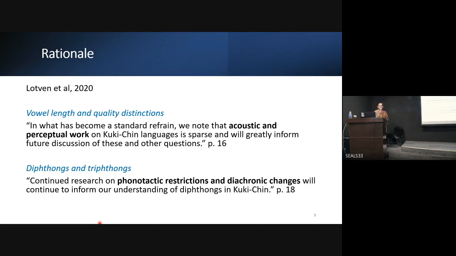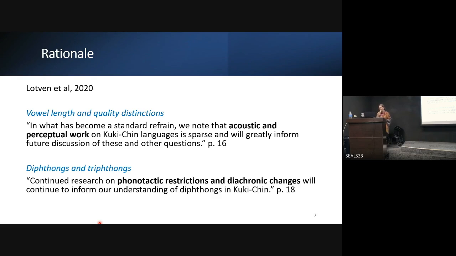So as we work with Kanise Khumi language development leaders in the role of advisors and consultants, trying to help them as they test their orthography, we've become quite interested in the vowel distinctions and the number of diphthongs in this language.